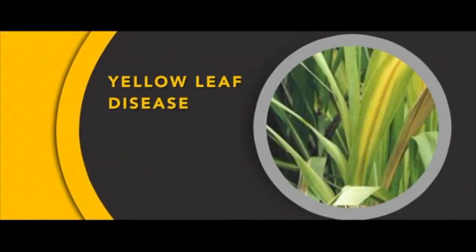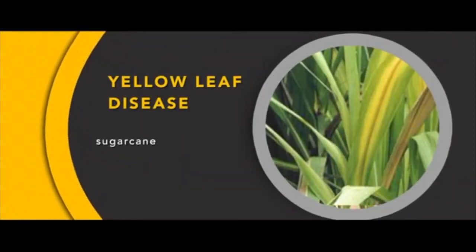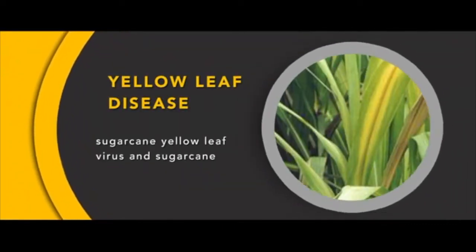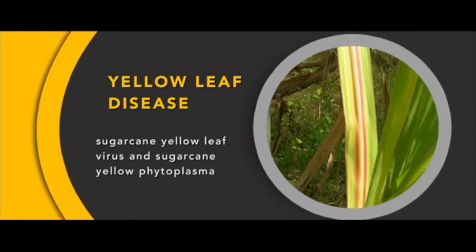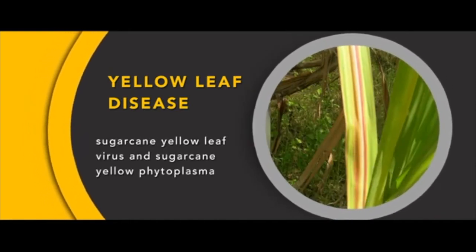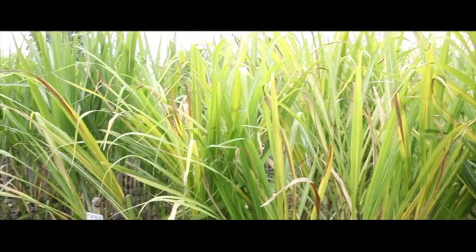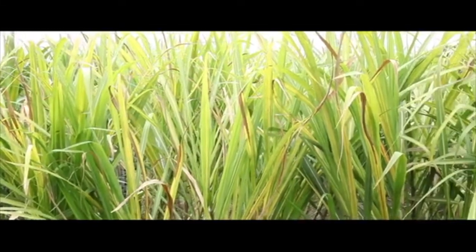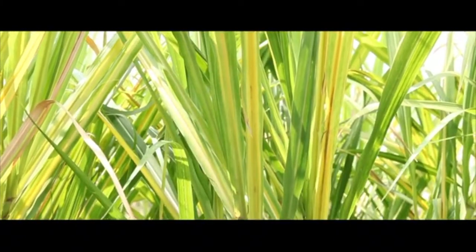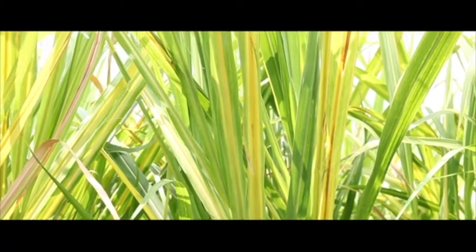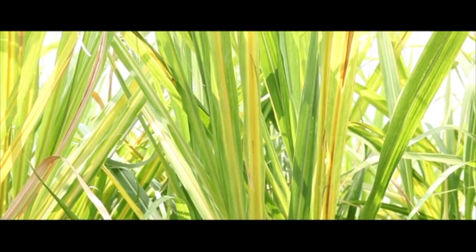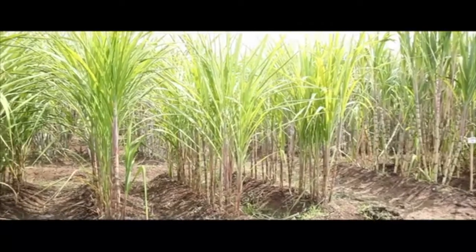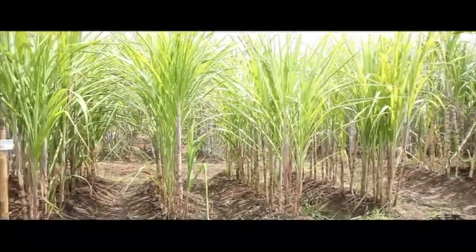Yellow leaf disease caused by the sugarcane yellow leaf virus and sugarcane yellow phytoplasma is a recently identified disease in India. It occurs in epidemic form in most of the cultivated varieties in the tropical region. The disease symptoms appear as yellowing of the midrib in the leaves, 3 to 5 in the crown during the 6th to 8th month of the crop.